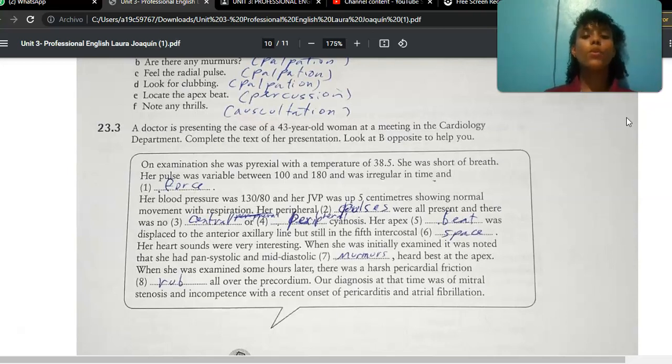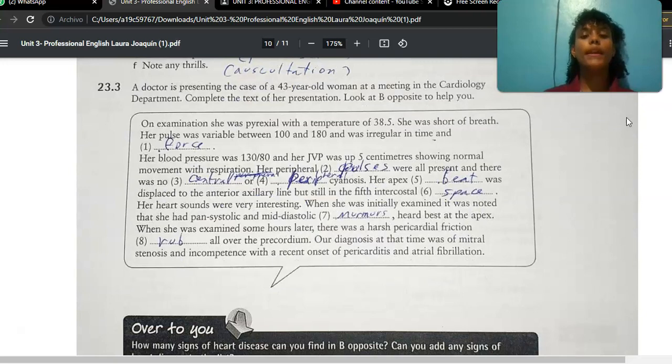Her blood pressure was 130 over 80 and her JVP was up 5 centimeters, showing normal movement with respiration. Her peripheral pulses were all present and there was no central or peripheral cyanosis.